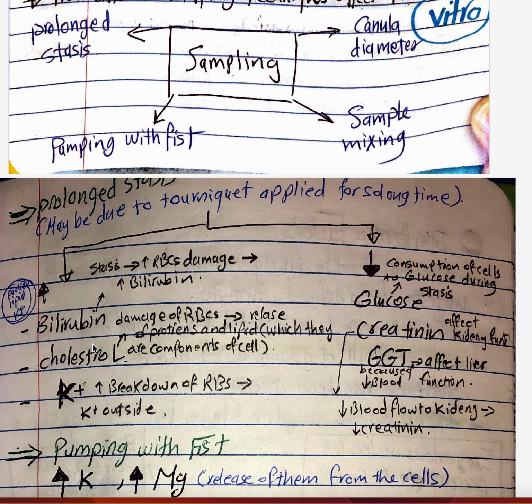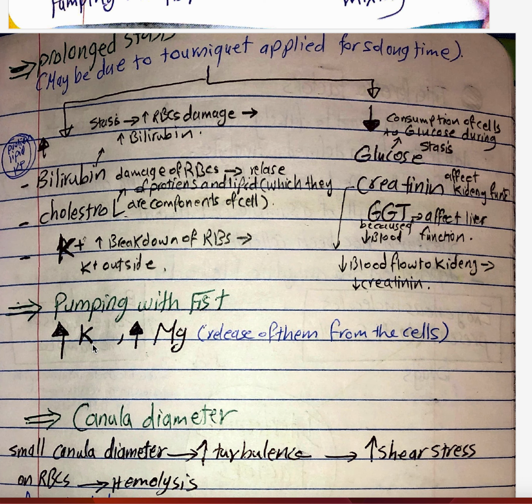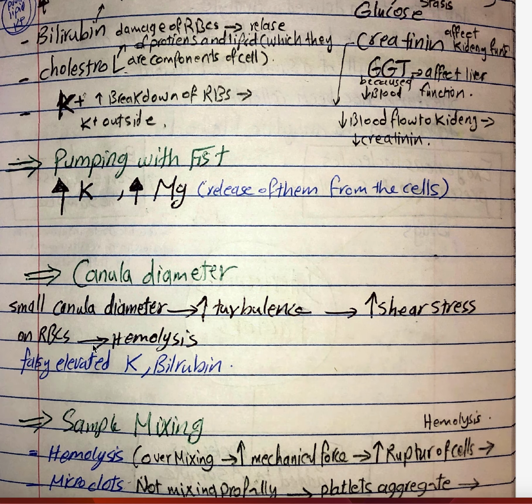Now we talk about pumping with the fist. Because of pumping the fist, you are controlling the muscles, so you are pumping out potassium and magnesium, which increases the potassium and the magnesium. And then the cannula diameter: when it's a small cannula diameter, that leads to turbulence, which leads to shear tear and damage of the RBCs, which makes hemolysis.